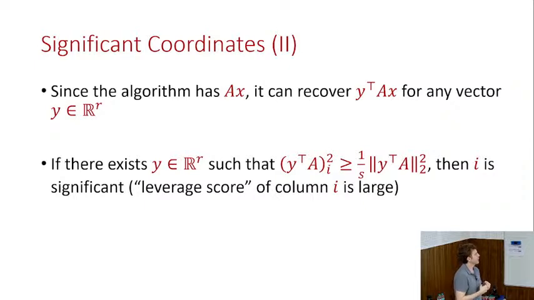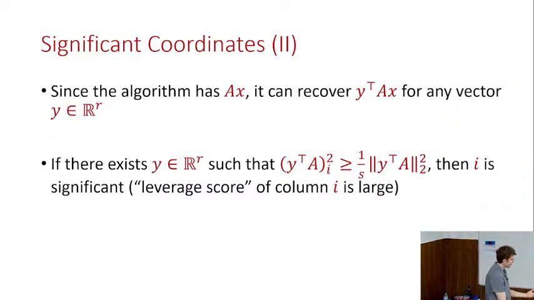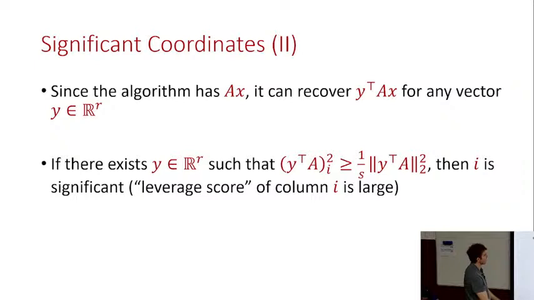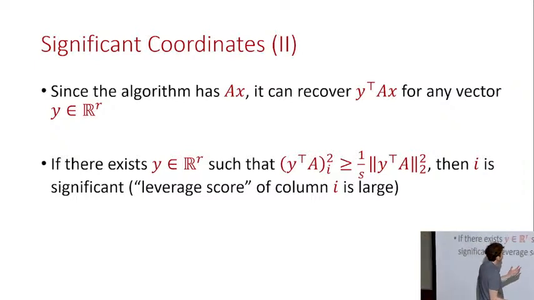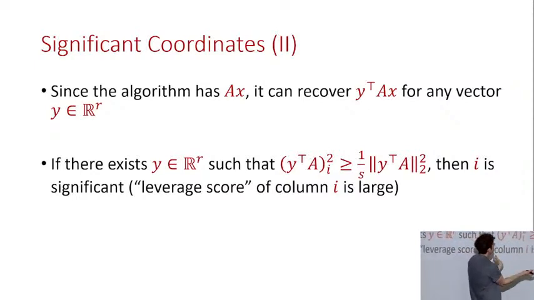This is just capturing that intuition from the previous example: I can choose coordinates that contribute a large fraction of the 2 norm here.